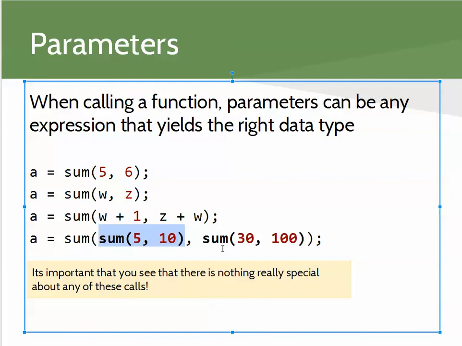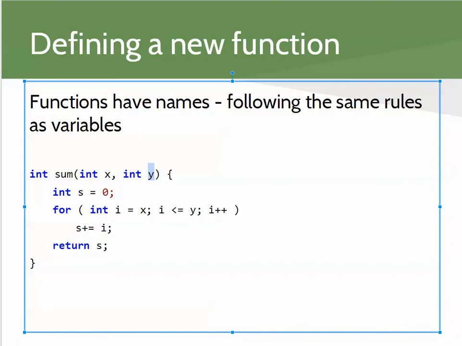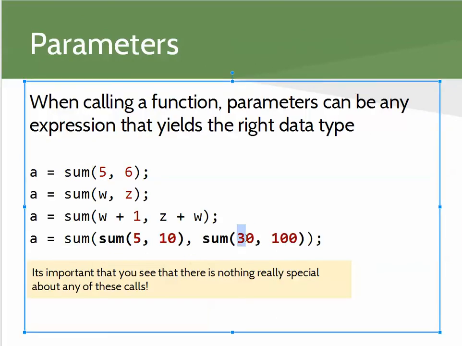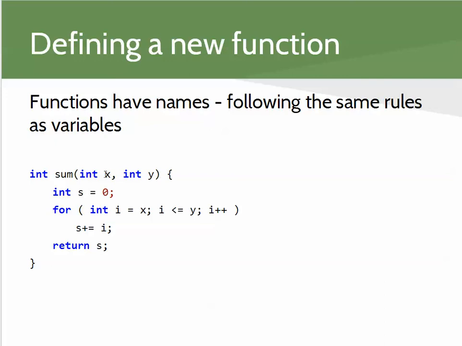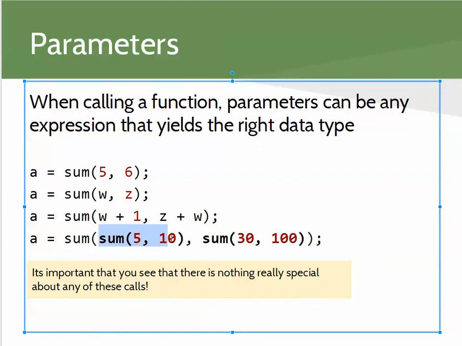It doesn't make any difference. When we call sum with 5 and 10, 5 and 10 are going to be copied in here. When we call sum with 30 and 100, 30 and 100 get copied in. When those return results come back to us, whatever that value was gets passed into x and y for this function call.